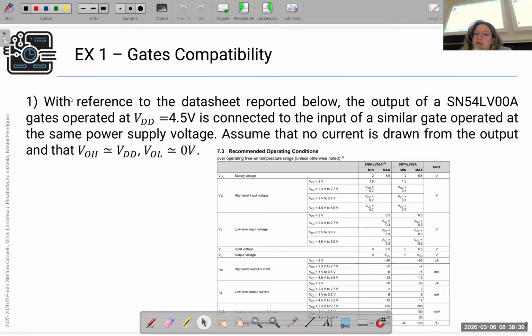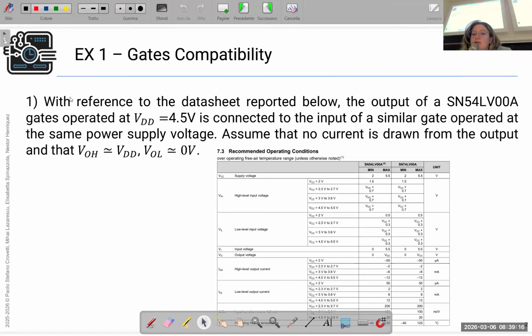In reference to the datasheet reported below, the output of these gates, this is a universal code that you can find for a particular component on a website if you have to see the datasheet or if you have to buy it. This is an AND and operates at a VDD equal to 4.5 volt and is connected to the input of a similar gate operated at the same power supply voltage.